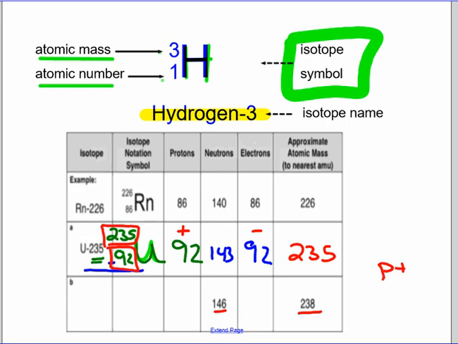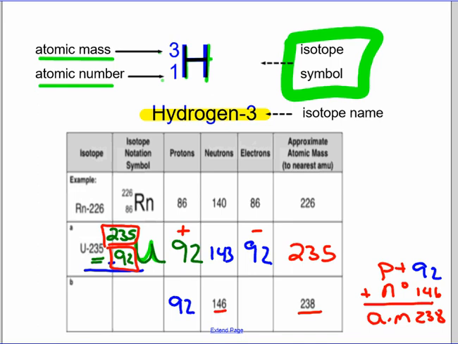Remember that the number of protons added to the number of neutrons will give us the atomic mass of the element. If my atomic mass is 238 and 146 of this came from neutrons, then the remaining 92 came from protons. So I also have 92 protons.